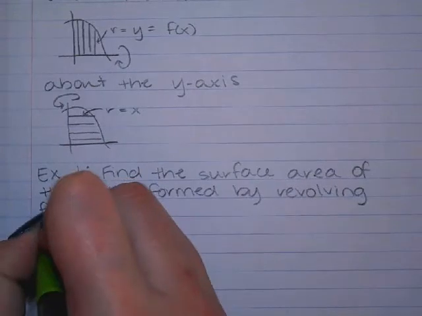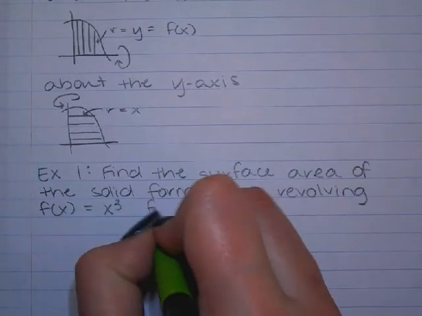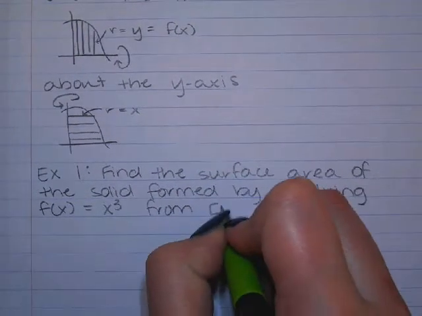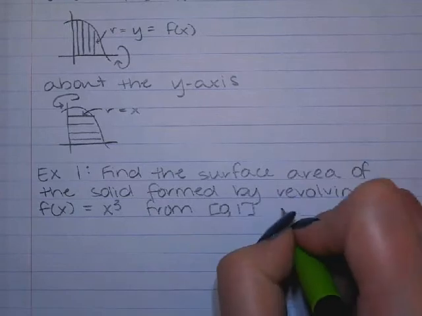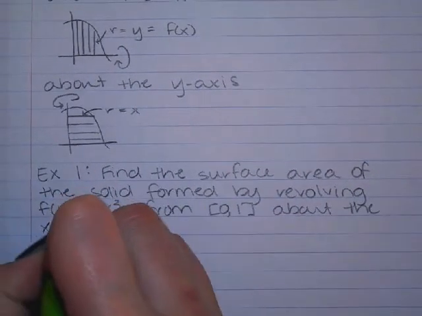If you guys did that in college class, the professor would kick you out. The curve f of x equals x to the third from 0 to 1 about the x-axis.